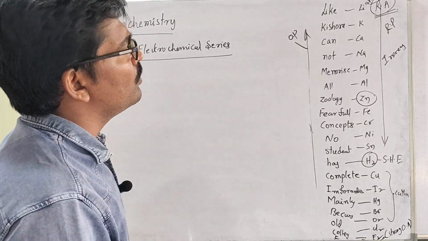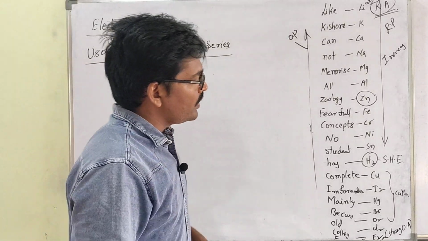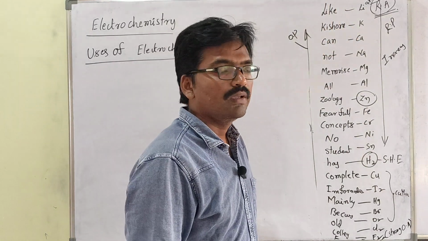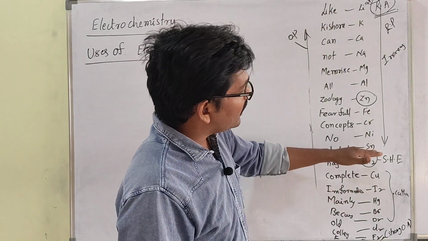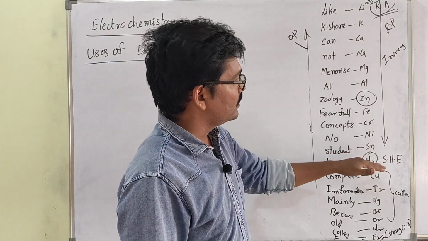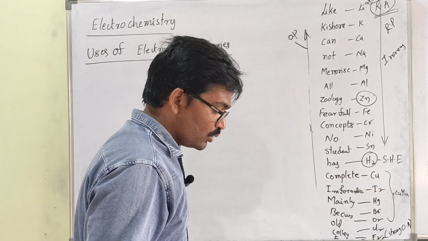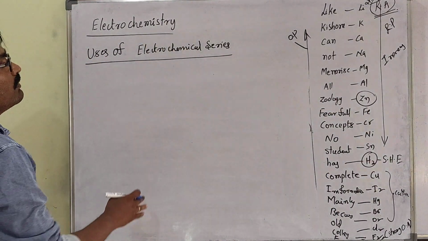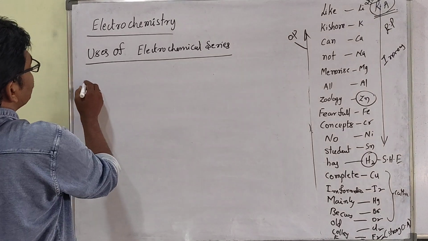So now one more point. Above the hydrogen, whatever the negative values are there, chemical activity increases. That is chemically very reactive. Above the hydrogen is nothing but negative SRP values. So note that.